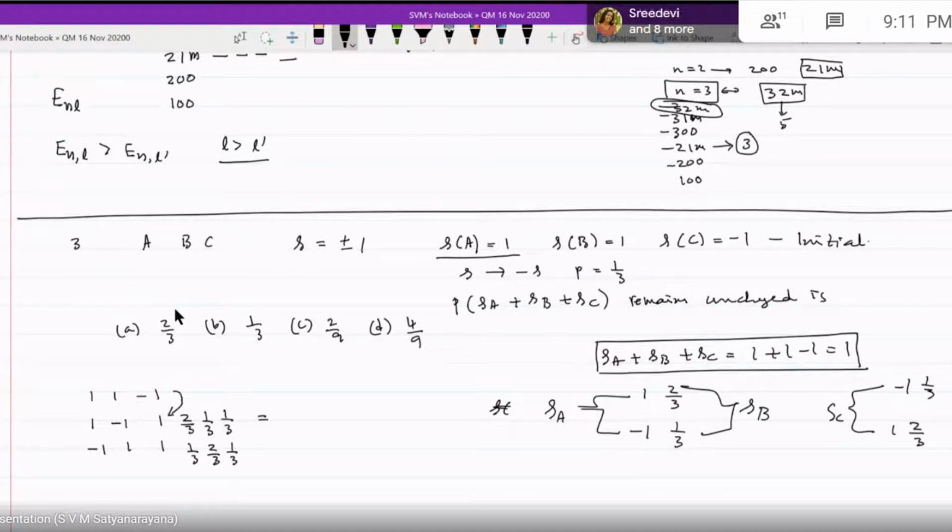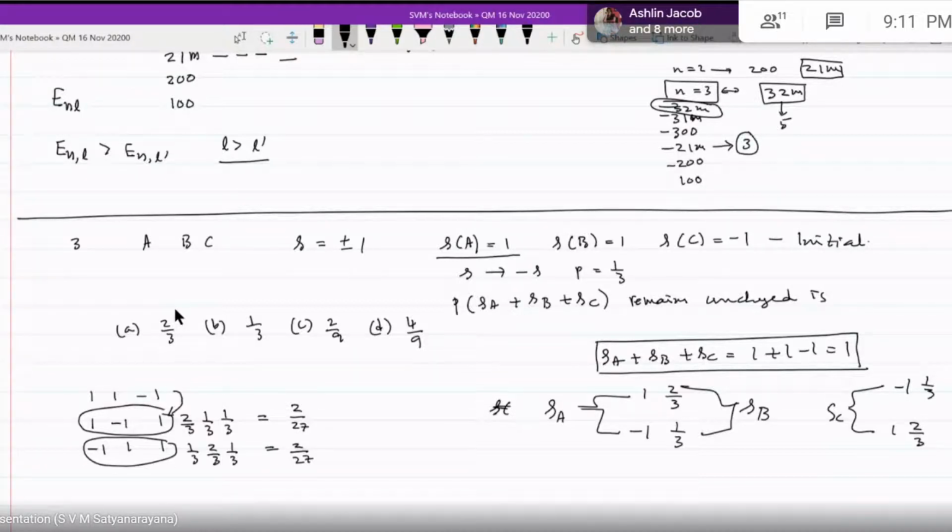So this is equal to 2/27, and this is also 2/27. So it could be this configuration or this configuration. In both cases, the sum will remain the same.